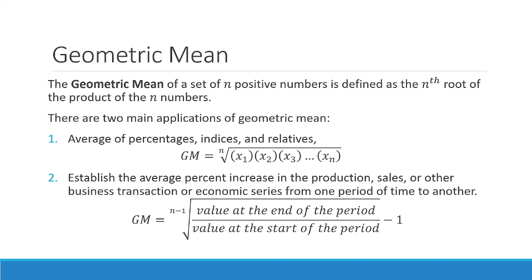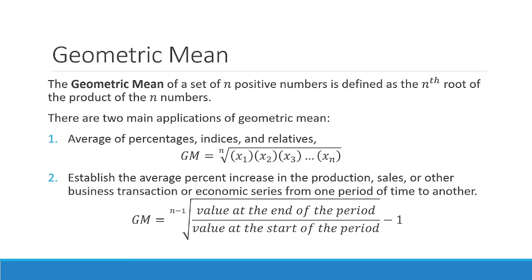Wherein, halimbawa, gusto mong kumuha ng percentages, indices, and relatives, itong first formula yung gagamitin mo. Wherein, the geometric mean of those percentages, their indices, or relatives will be equal to the nth root, where n is the number of those percentages, indices, and relatives, of the products of all n numbers. Mamaya, papakita natin kung paano yan.